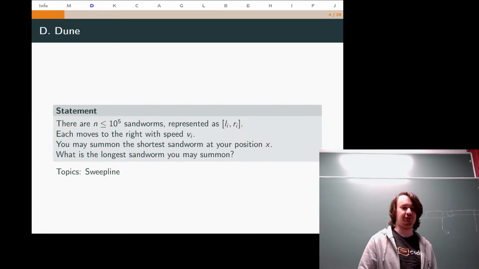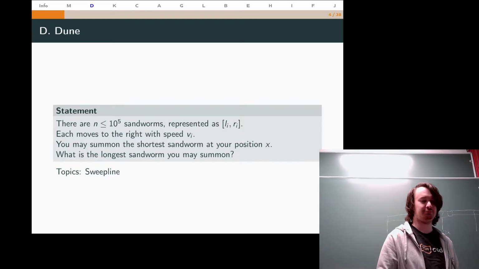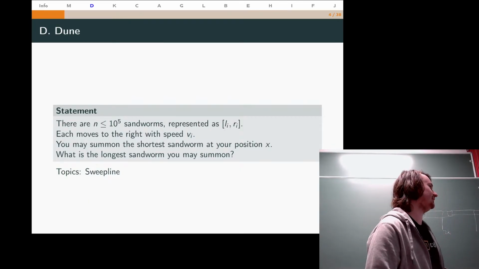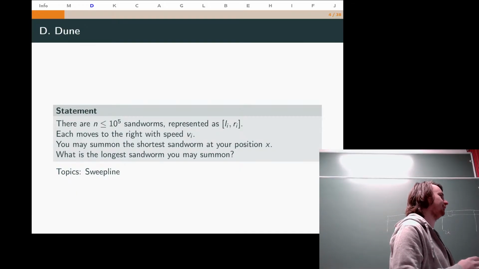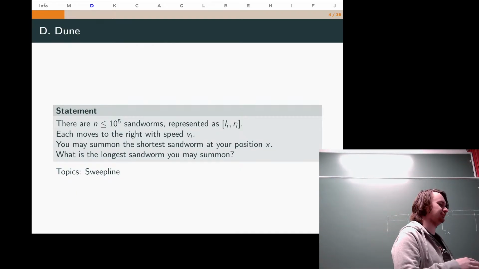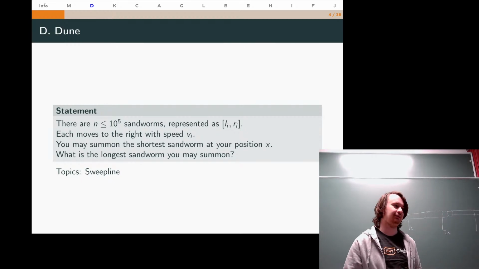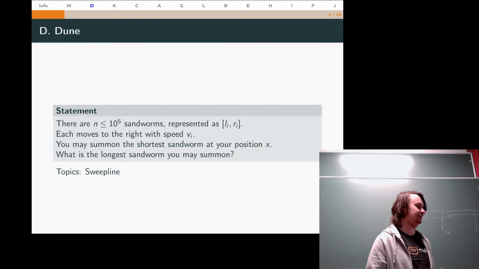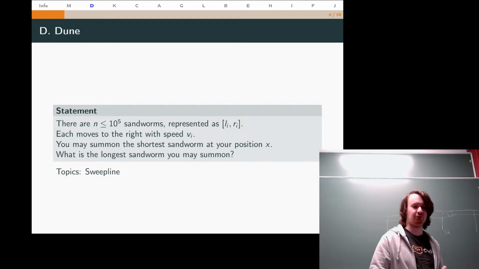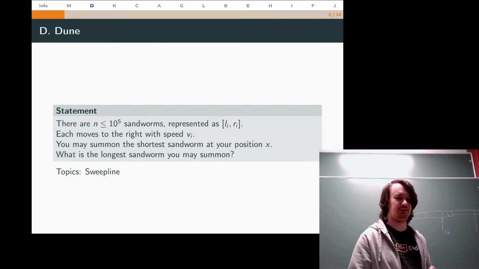In problem D, we are given 10 to the power 5 sandworms, and each sandworm is represented by some kind of segment from A to R, and each sandworm is moving to the right with speed vi. That means that after time t, the first coordinate will increase by t times vi, and the second coordinate will also increase by t times vi.